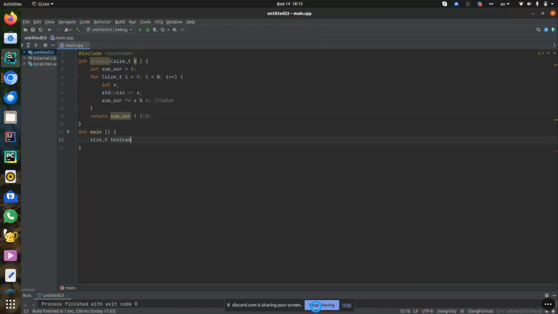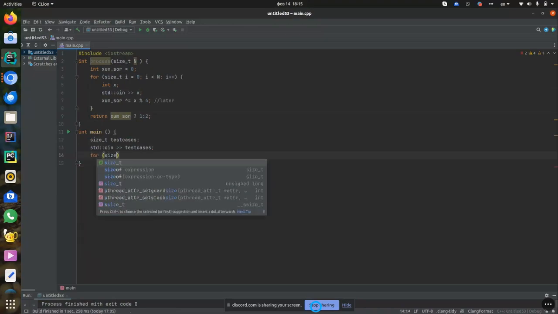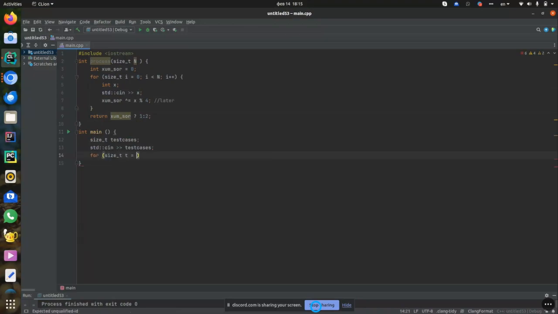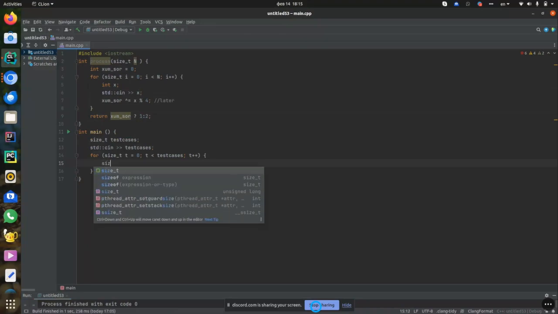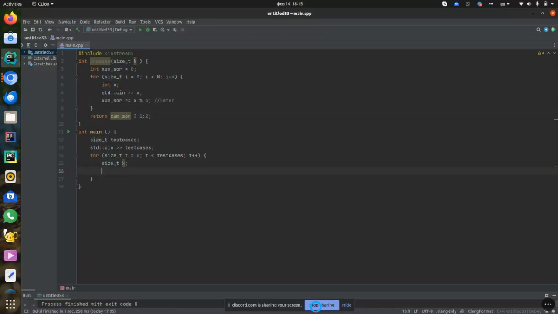Yes, this is size here equal to 0. This is plus this.